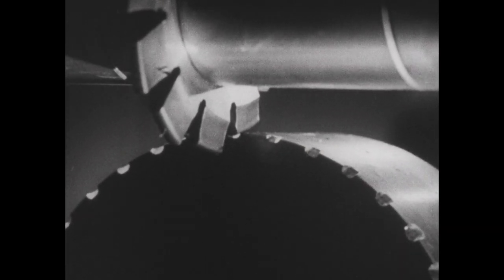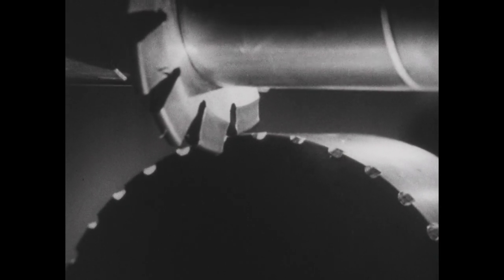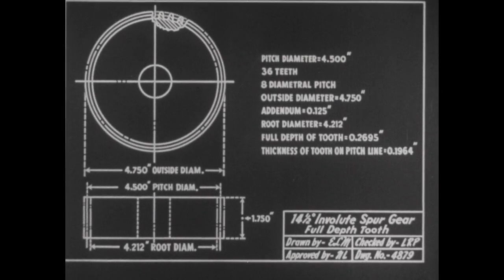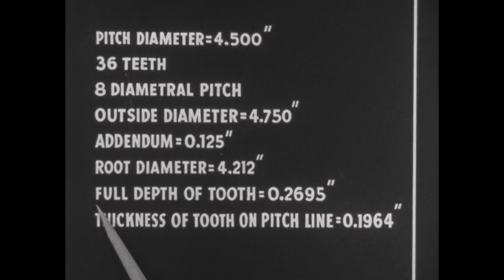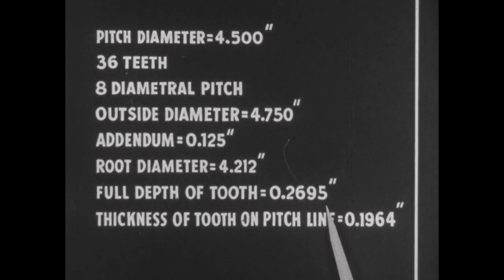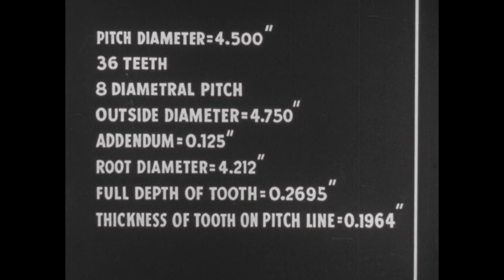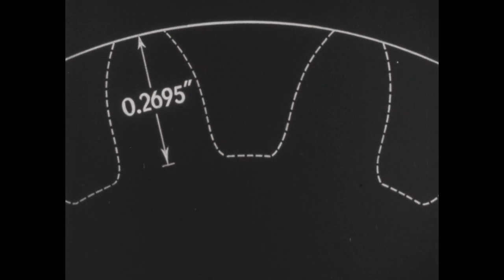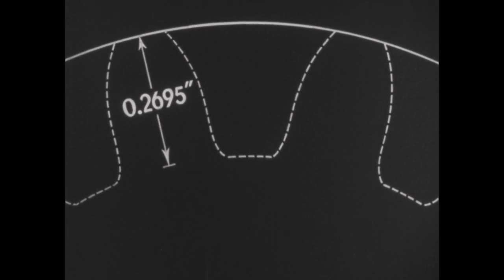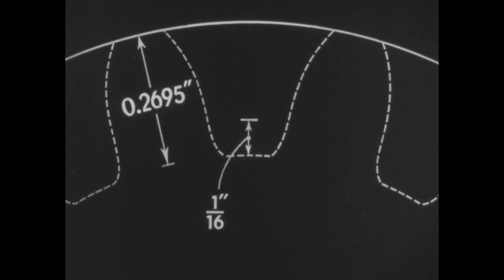With the dividing head correctly adjusted for locating each cut, the depth of cut is next calculated. The full depth of tooth is to be 269.5 thousandths. Since the gear must be finely finished, 2 cuts are required, the second one a finishing cut of 1/16.